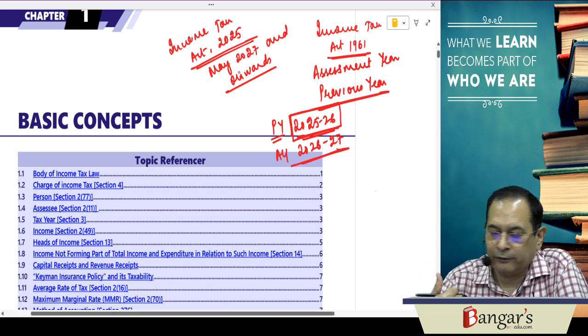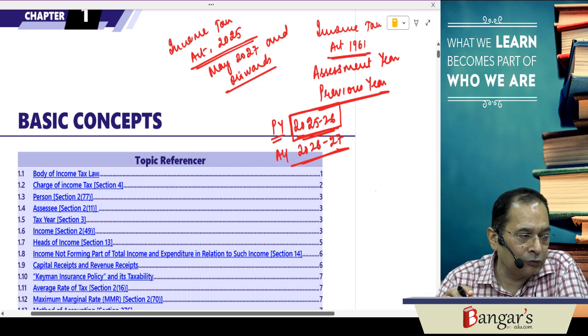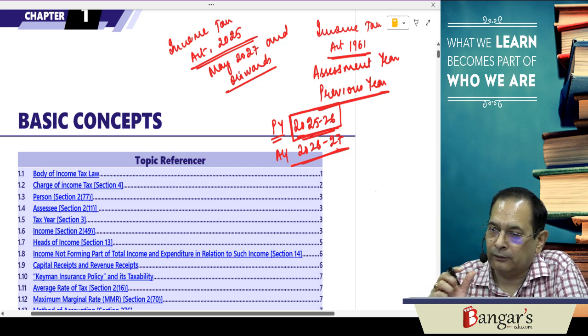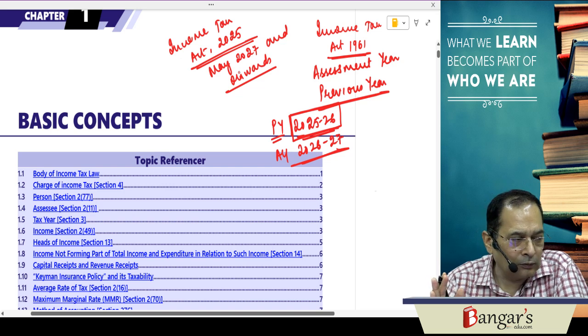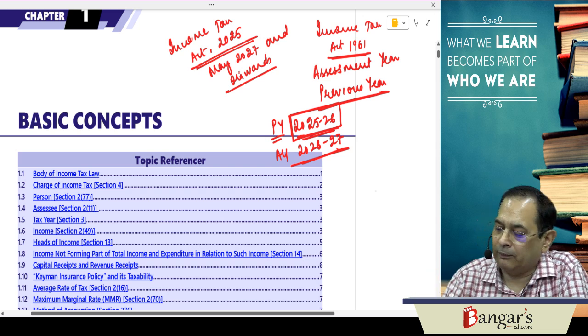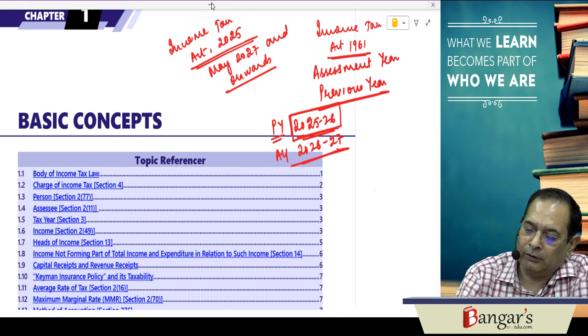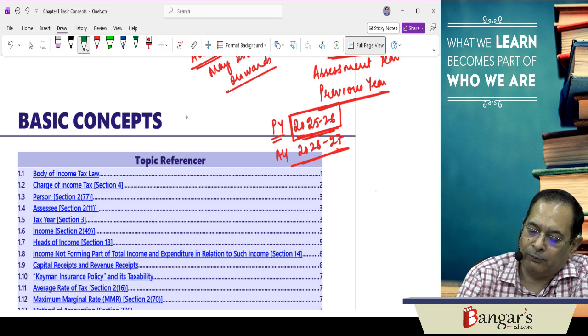So, what was happening was, when the department used to give any notice, then the assessees were confused for which year they have to show the income, for which year's income that notice has come. So, now they have introduced the concept of, instead of this assessment year and previous year, a single concept of what?